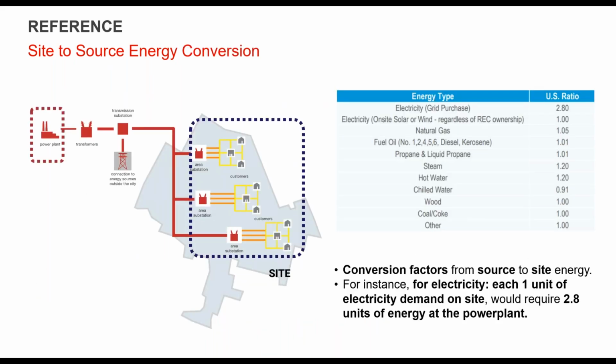So if we look at some of the conversions, you'll see the electric grid purchase ratio. These are for the US; source to site depends on where you are, so you have different numbers there. You see natural gas 1.05, and electricity on site, because with on-site solar or wind, obviously there are no or small losses related to that, and you see different conversion factors for that.